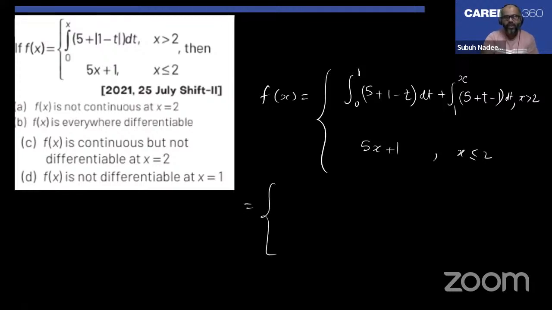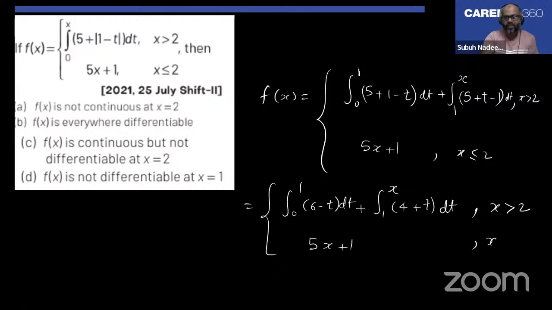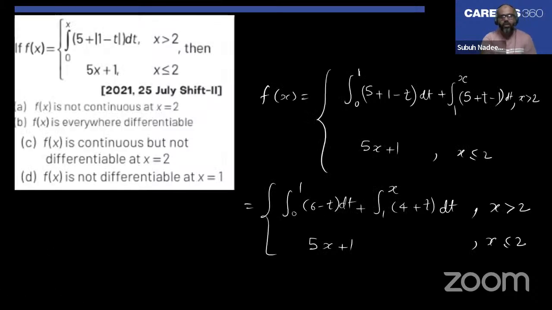So we can say that this is equal to integral 0 to 1 of (5 plus 1), 6 minus t dt, plus integral 1 to x, and it will become (4 plus t) dt when x is greater than 2. And 5x plus 1 if x is less than or equal to 2. Now if we integrate this definite integration, so it will be 6t minus t square by 2.